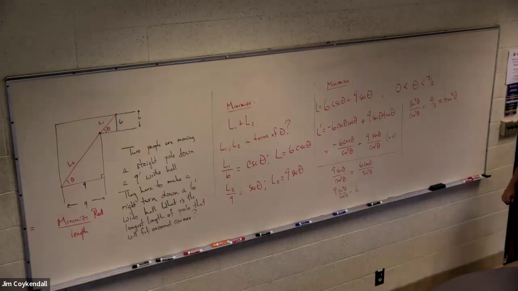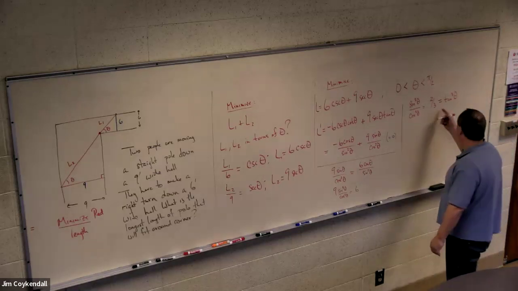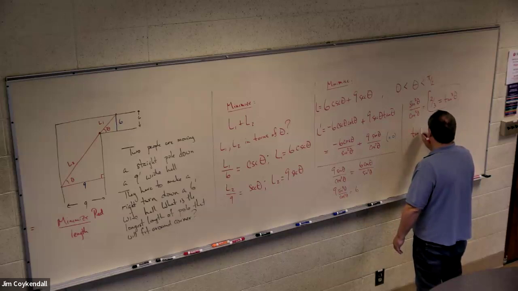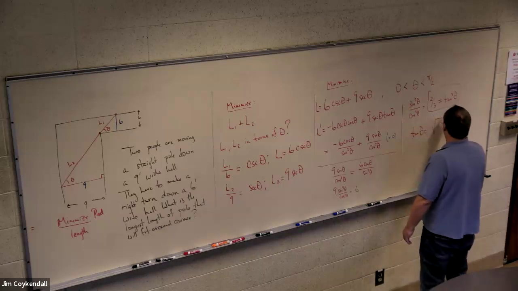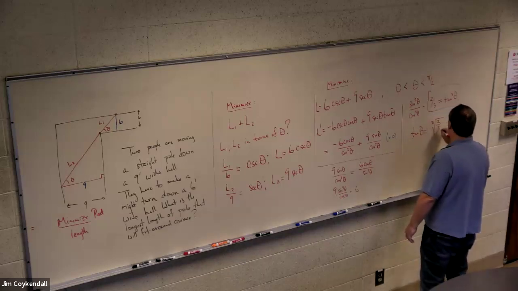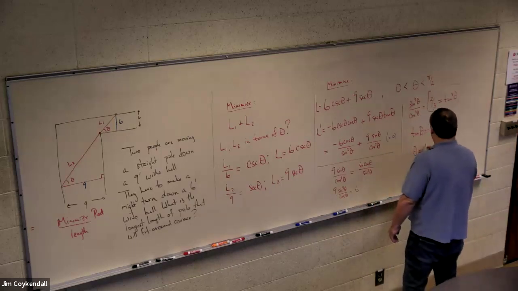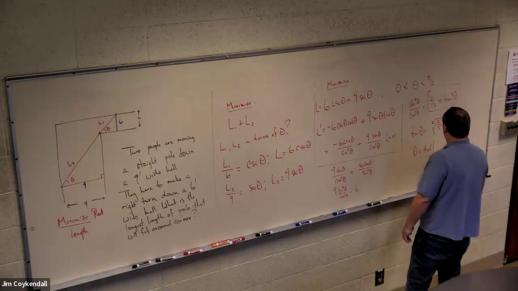Let's solve this. Tangent theta is the cube root of 2/3, or theta is the inverse tangent of the cube root of 2/3.